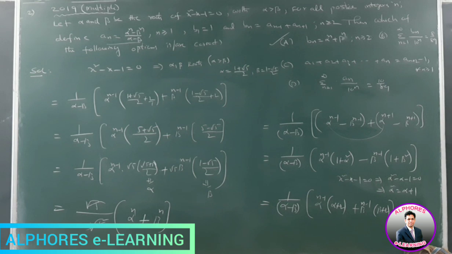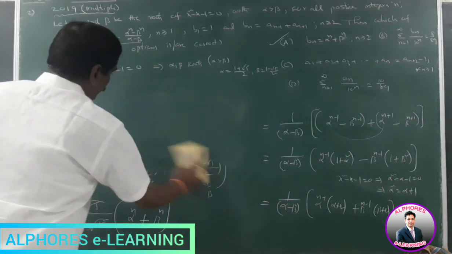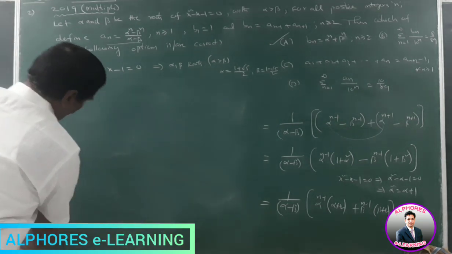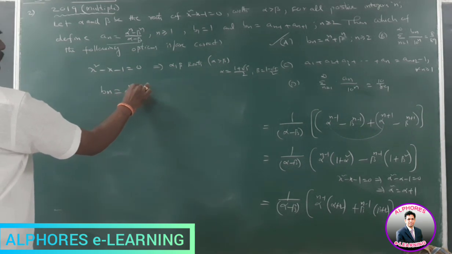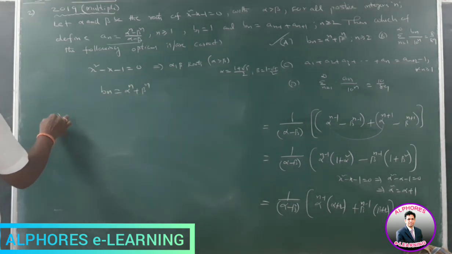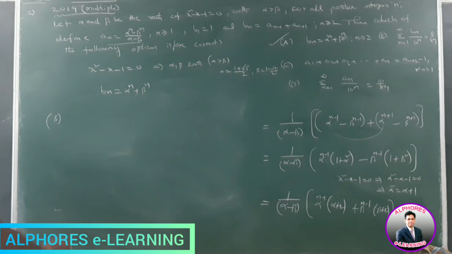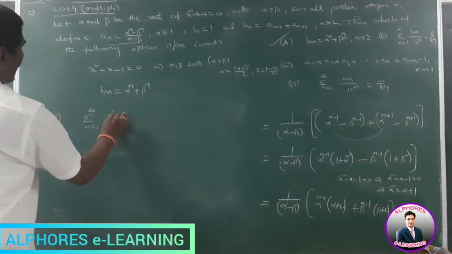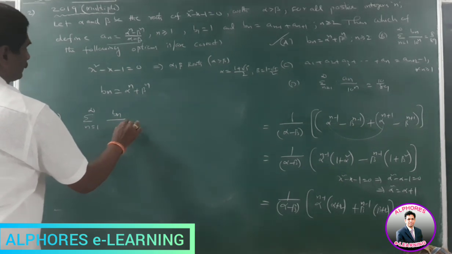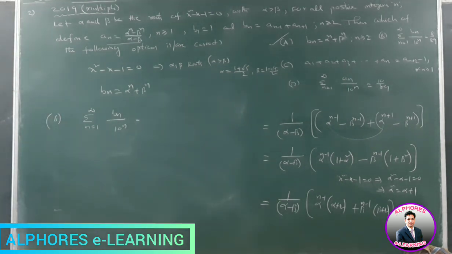Second one is option B. Already we proved Bn is equal to alpha power n plus beta power n. Now option B is sigma of n equal to 1 to infinity, Bn by 10 power n.